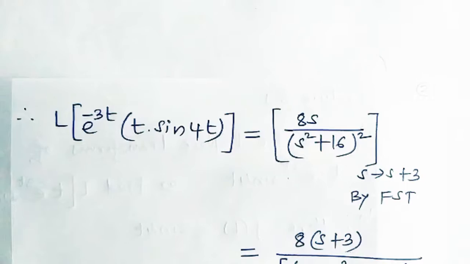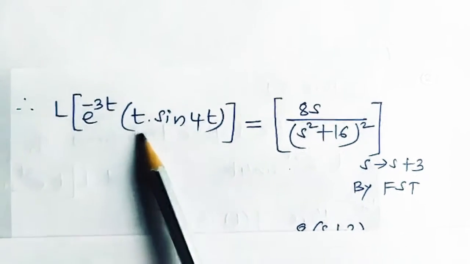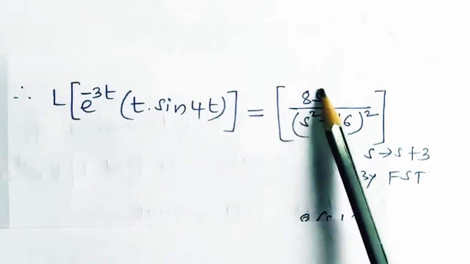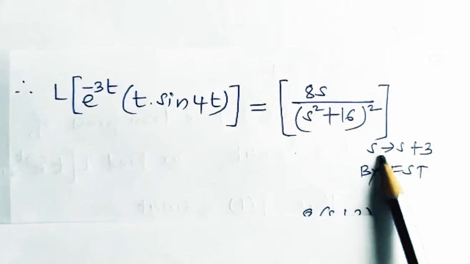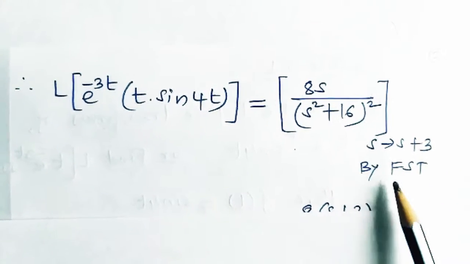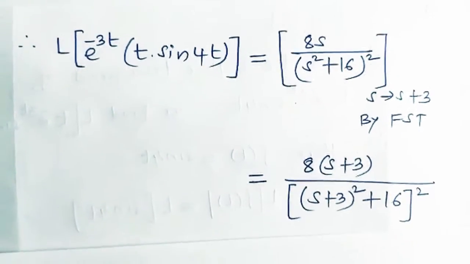So now once again let me write e to the power of minus 3t t sine of 4t as 8s divided by s square plus 16 the whole square, with s replaced by s plus 3. Why? Because of the first shifting property. And the rest is very easy.